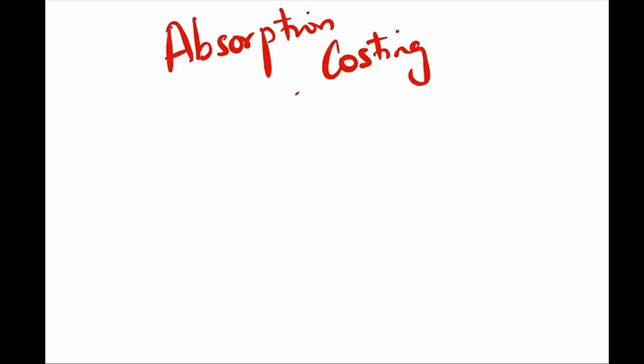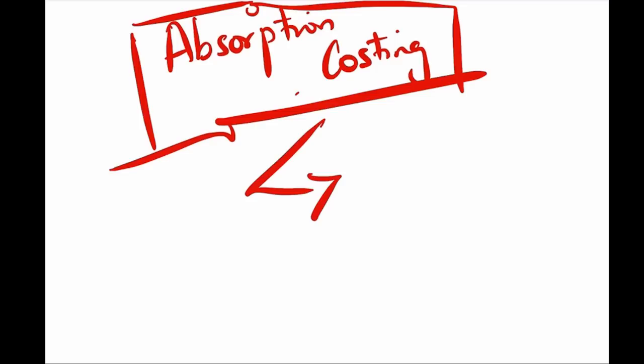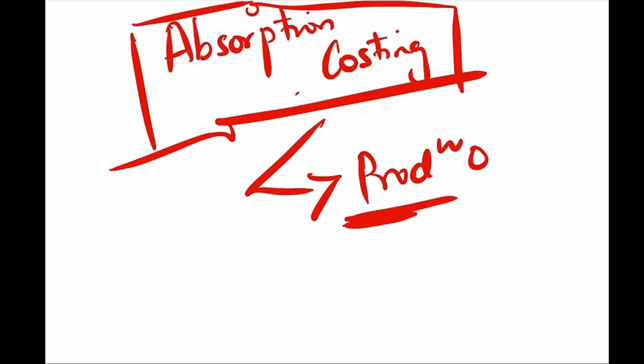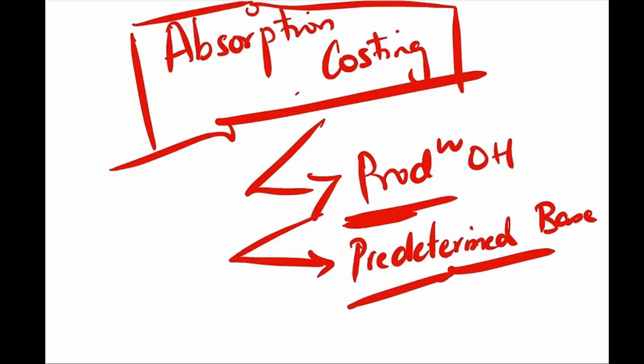Now, under absorption costing, we will have to understand that we'll be taking the production overheads. We'll be finding out the production overheads based on a predetermined base. So we'll have to understand what is this production overheads and what is this predetermined base.